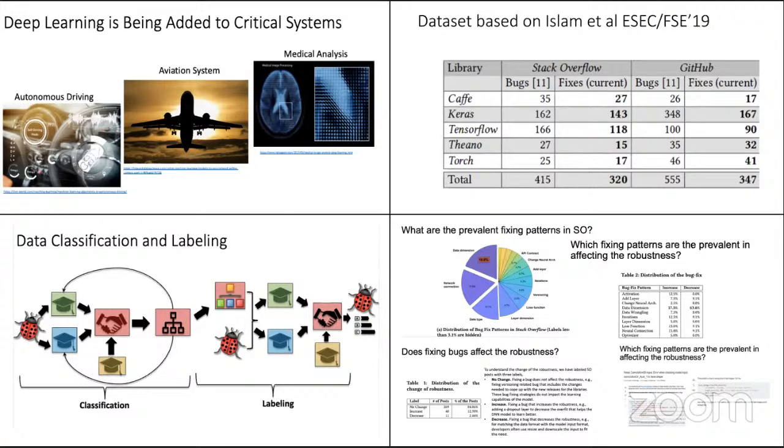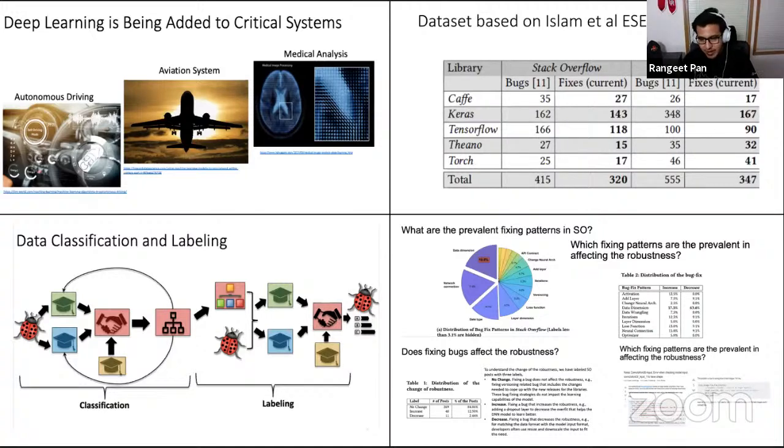So imagine you want automated bug fixing tools to fix these bugs. Is it possible? For that, we calculated the p-value across the libraries and the fixing patterns, and we found that there is not much correlation among the libraries, but Keras and TensorFlow have very similar bug patterns, with a strongly significant p-value.